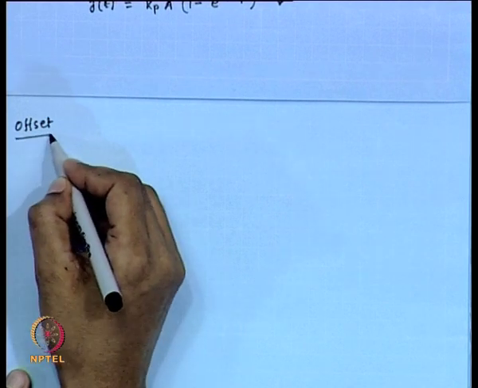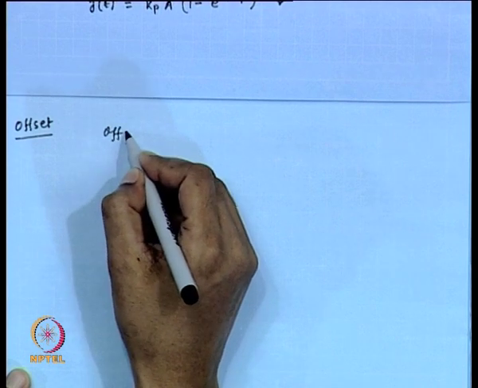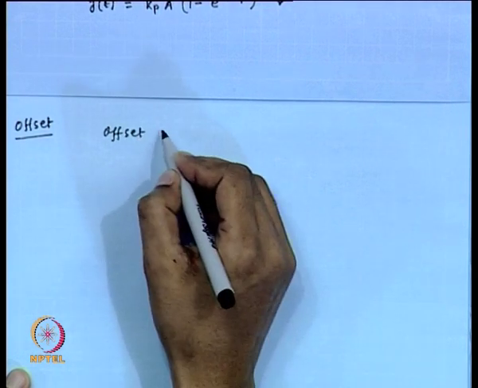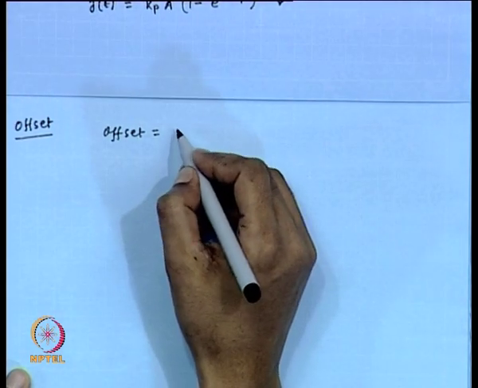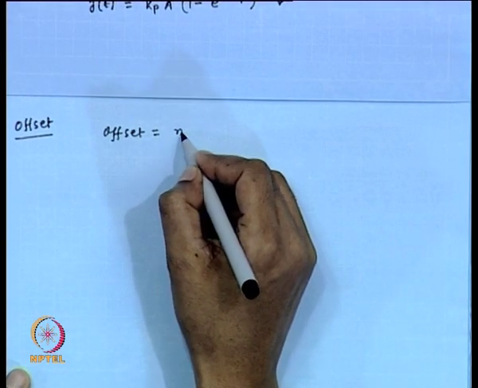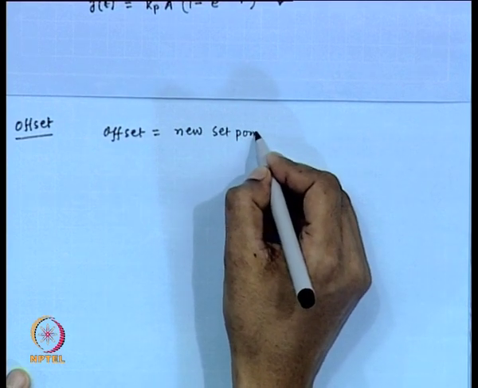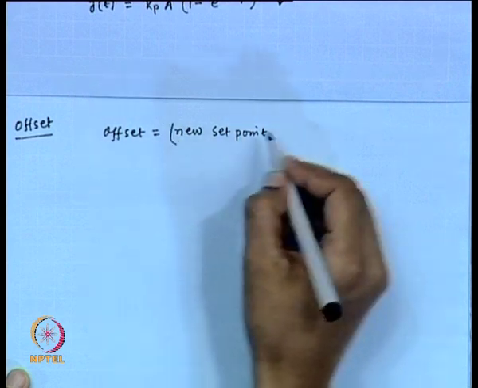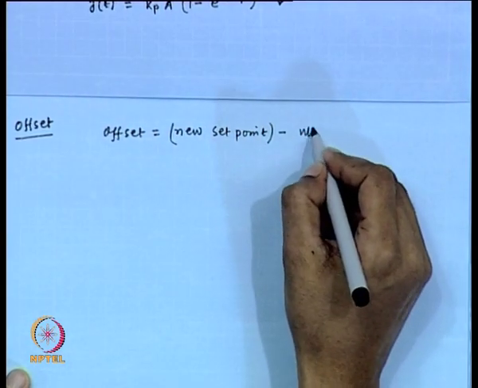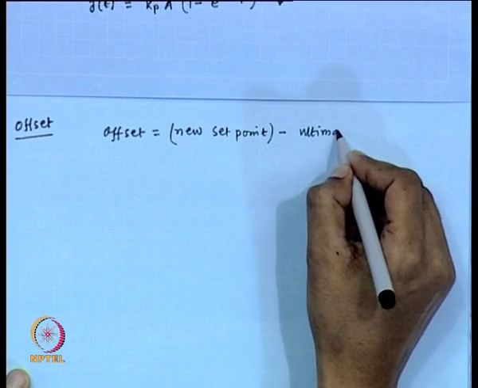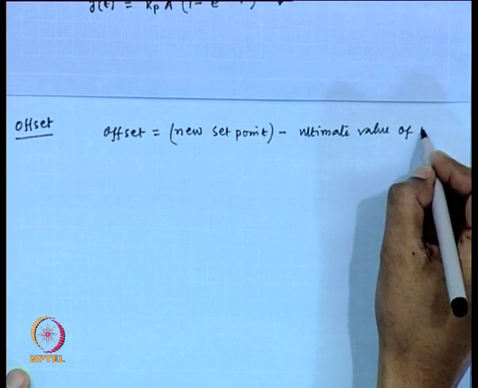Offset is calculated by representing it as new set point minus ultimate value of the response.